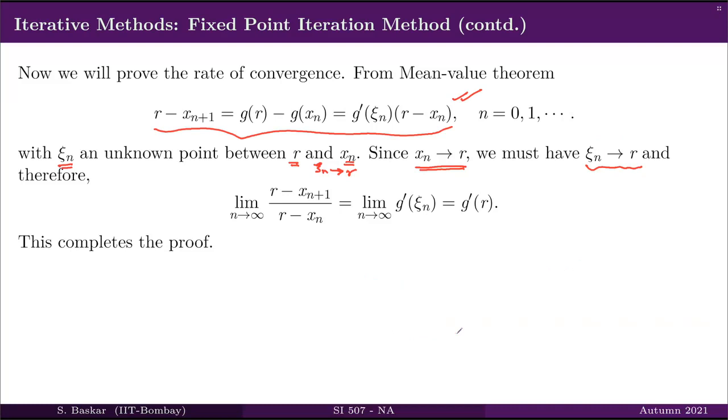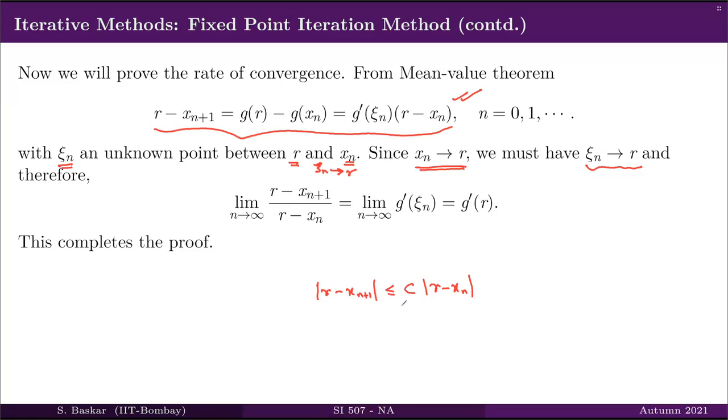When I say at least 1, there is a deep meaning in that. When you have the definition of the order of convergence, that is mod r minus xn plus 1 is less than or equal to some constant times mod r minus xn, it doesn't mean that the sequence will not converge with something more than 1. It can have.